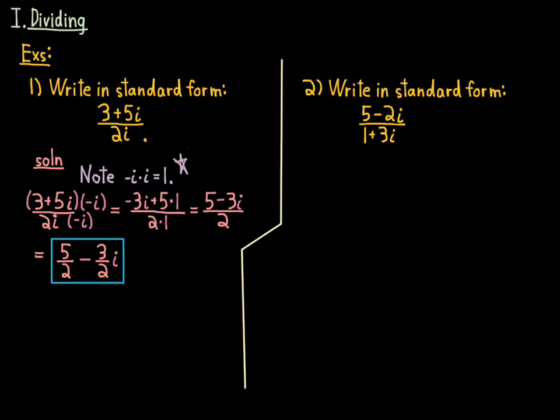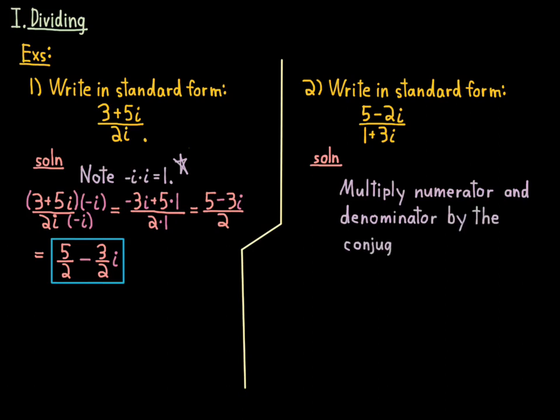Now, how do you do this? Well, it's a lot like when you're rationalizing denominators with two terms, right? You multiply by the conjugate on the top and bottom. The conjugate of 1 plus 3i is 1 minus 3i. Okay, so multiply numerator and denominator by the conjugate of the denominator.